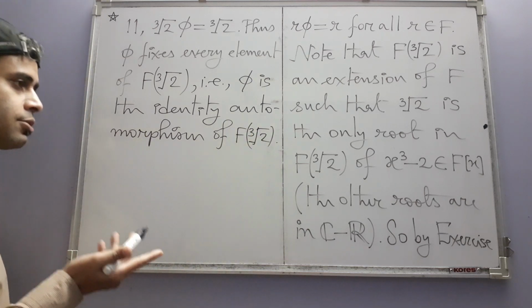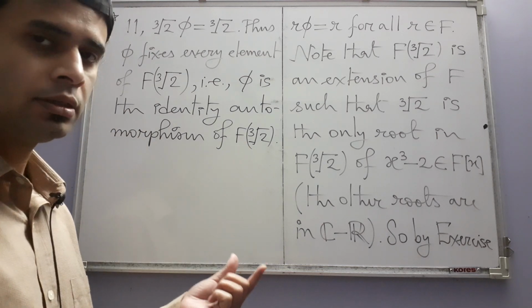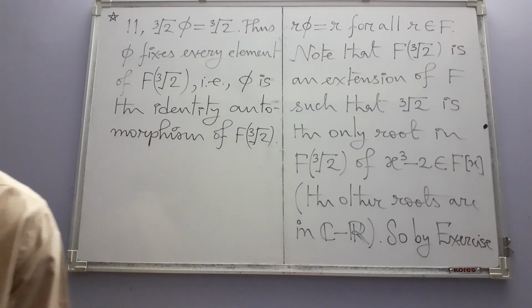So that means this has only the identity automorphism. Its automorphism group is the trivial group. Okay.